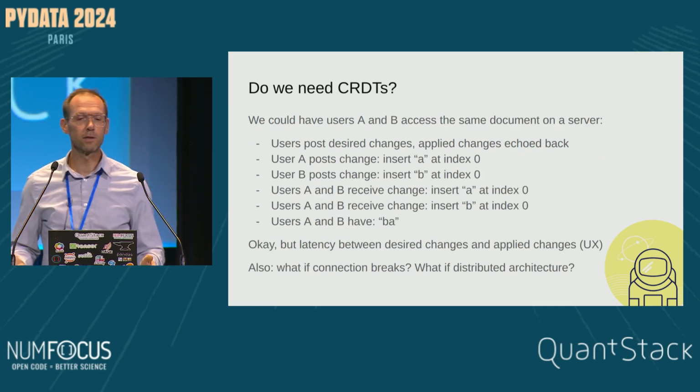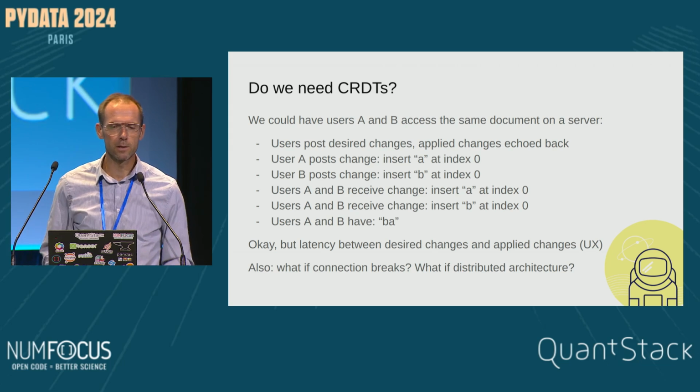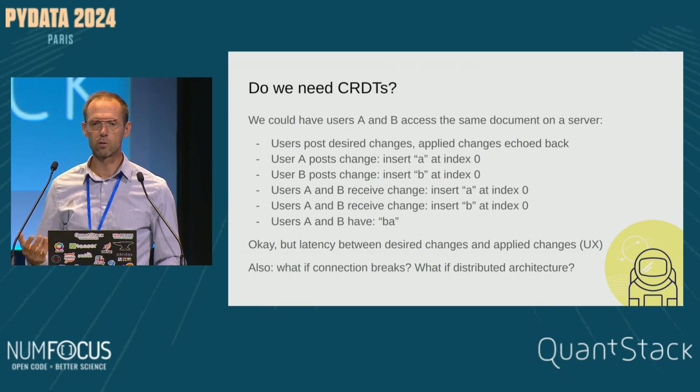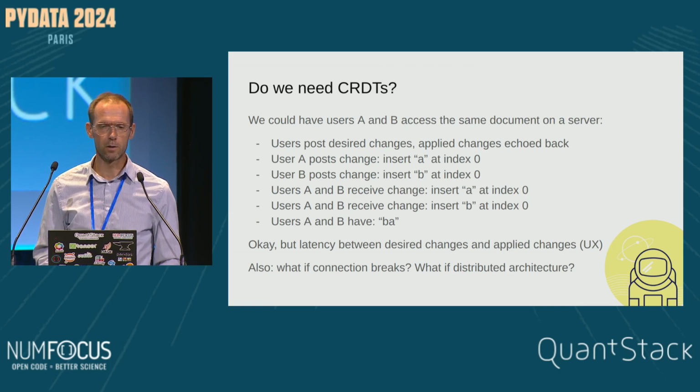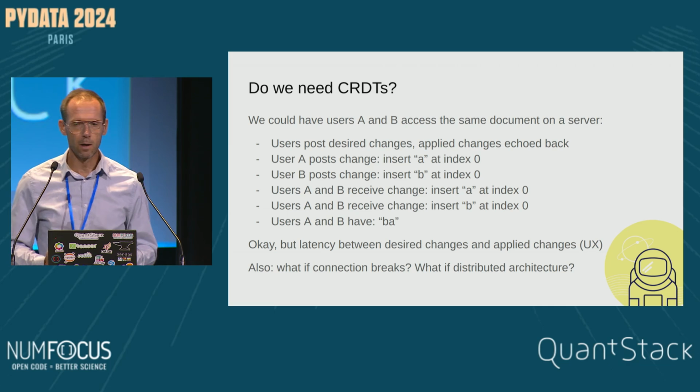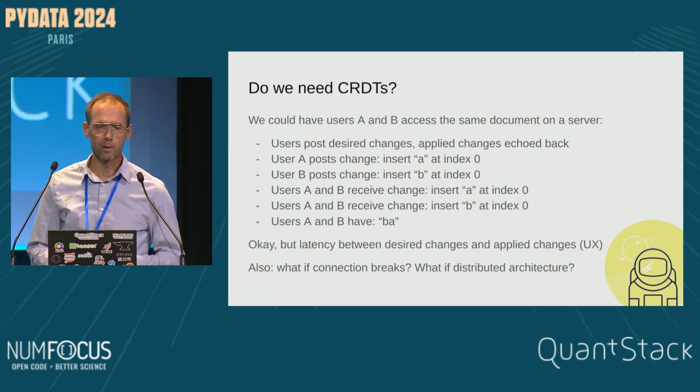But we could also say, can we use another technology? We could use a centralized architecture and have users access the same document which is hosted on a central place. So users would, for example, post the changes they want to the server and listen to the actually applied changes back from the server. So user A could post insert A at index 0, B insert B at index 0.